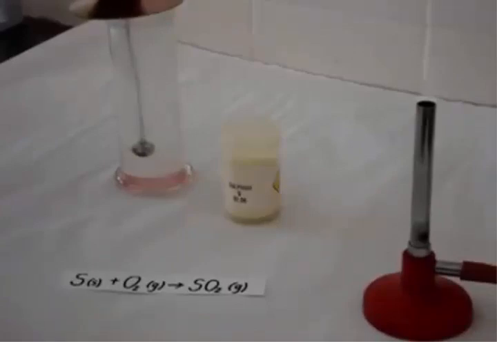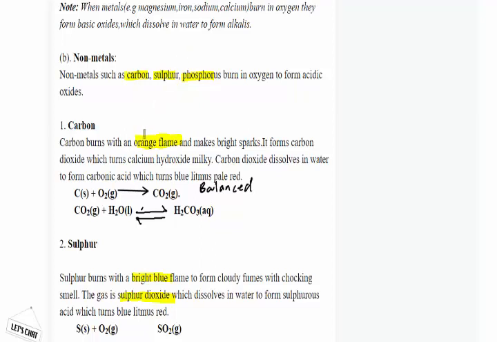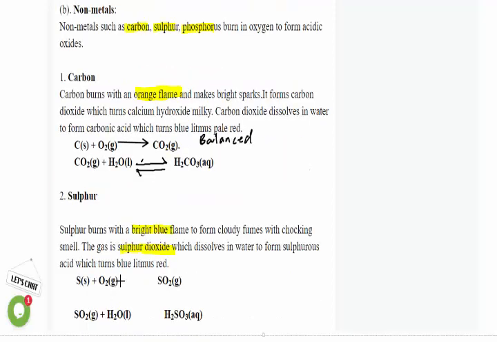Thus, sulfur dioxide reacts with water to form sulfurous acid. This acid turns blue litmus paper red. Recall that sulfurous acid also forms part of acid rain. Now, let's look at the equation for this reaction. Sulfur reacts with oxygen to form sulfur dioxide.